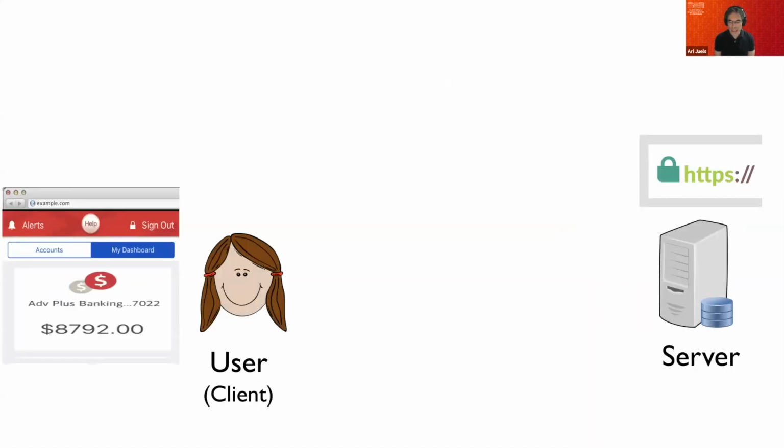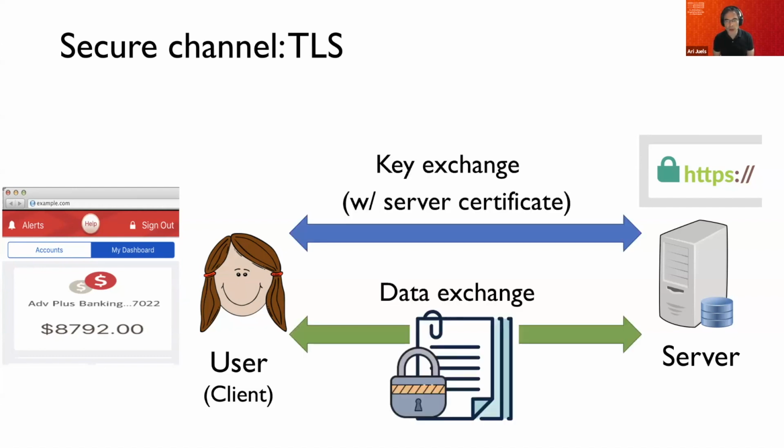What we would like ideally is for Alice to be able to get a proof of some kind from the bank server that she can present directly to Bob. And it would seem like we should be able to do this because when you log into your bank account online, you're connecting to the bank over a secure channel, over TLS.